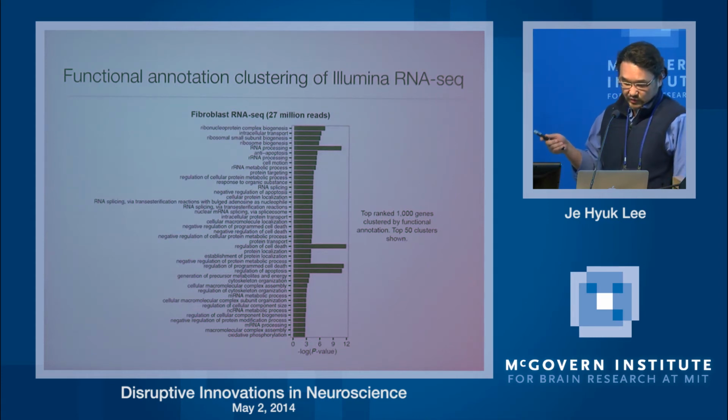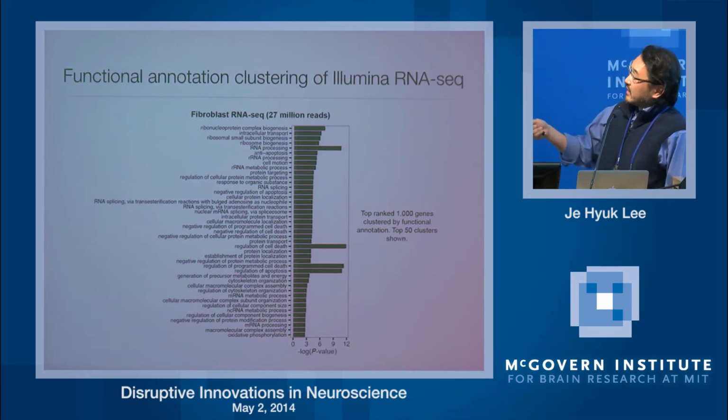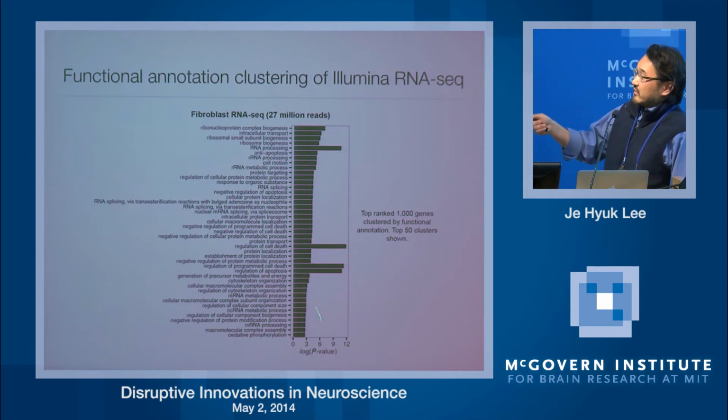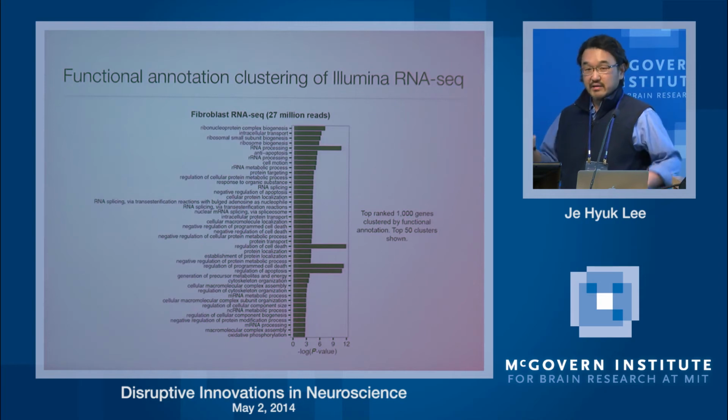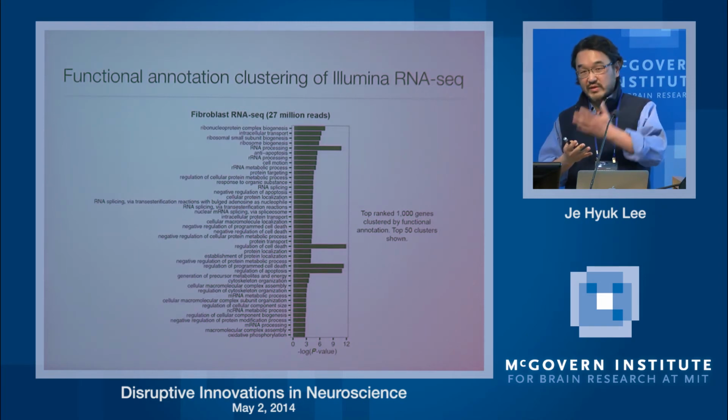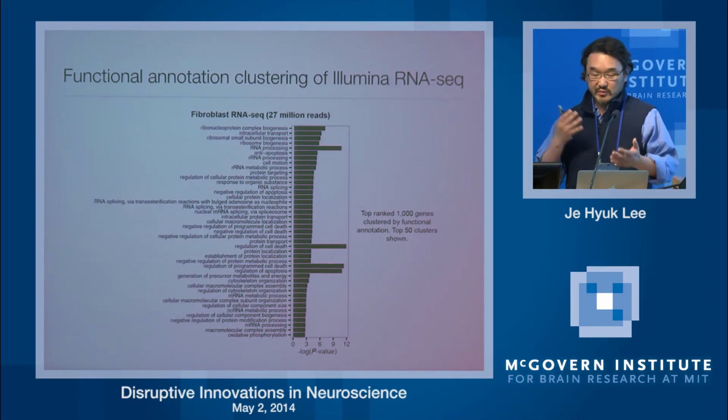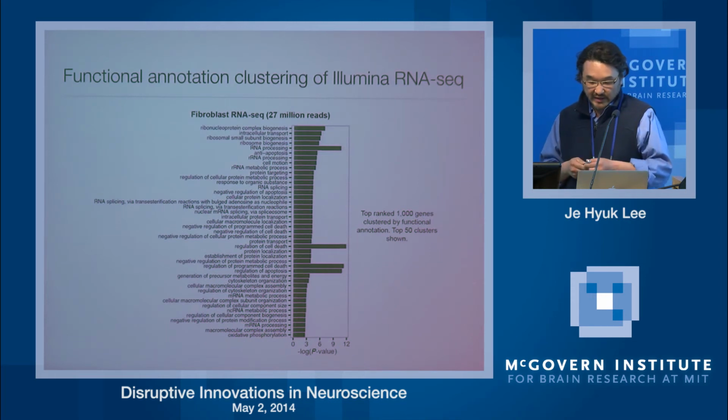So I just want to drive this point home: we compare this to 27 million reads of Illumina RNA-seq reads from the same cell line, and this is what you expect to see: housekeeping genes and things that are involved in just general cell functions and protein and RNA processing. This is why you have to do principal component analysis or relative fold enrichment bioinformatics.